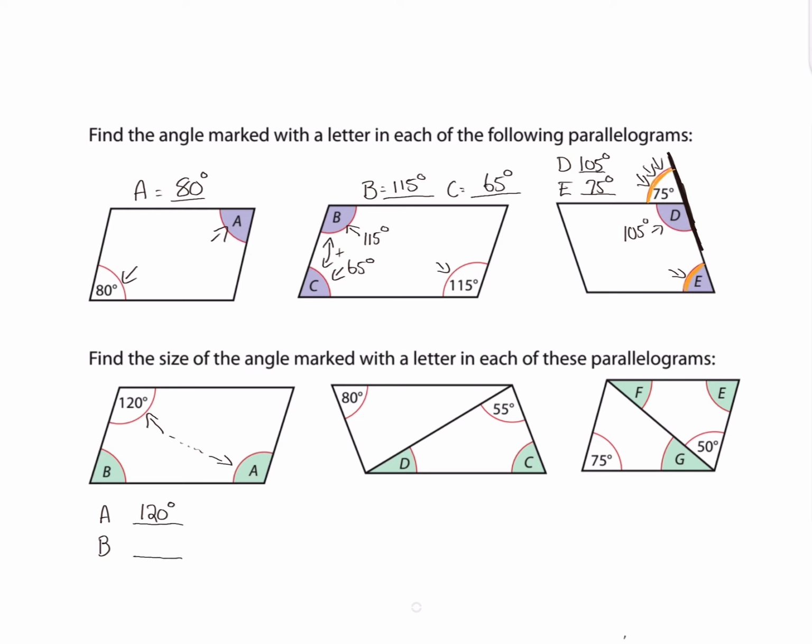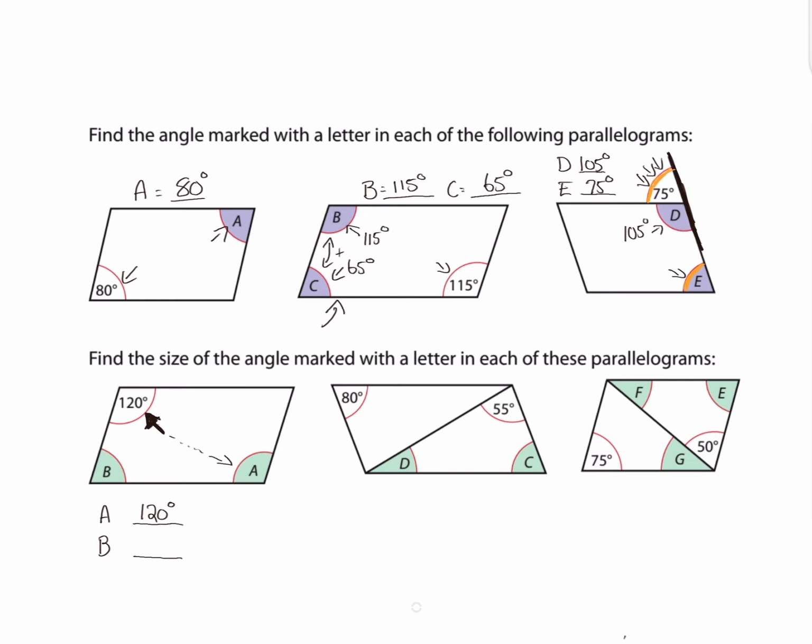B, well, we figured out in this sum up here that 2 angles on the same side added together must be 180. So if I add this angle with the 120 degree angle, if I add that to B, it has to equal 180.